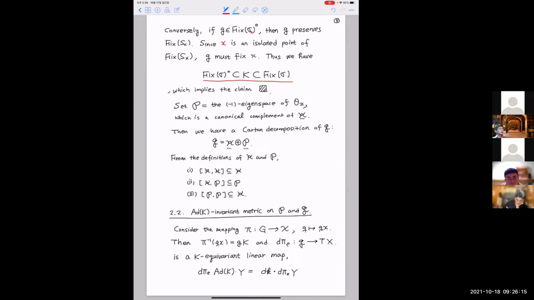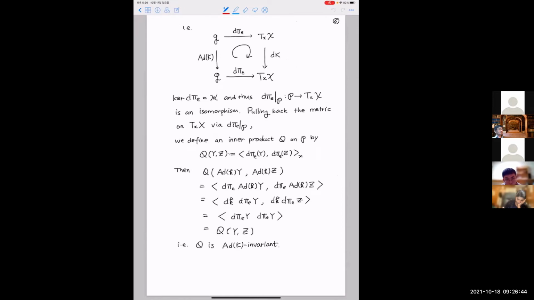It gives a map from the real algebra of G to the tangent space of X at x. So this is a K-invariant linear map. You can easily prove this from the definition.